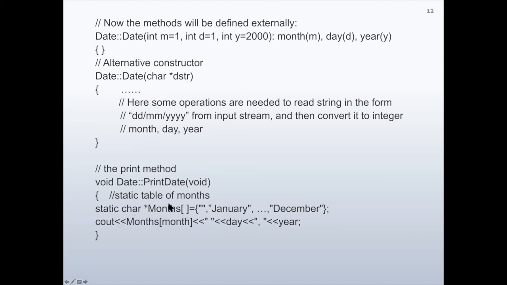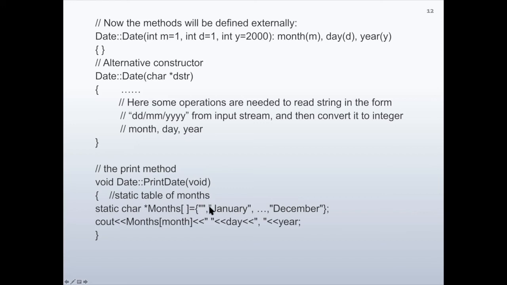The name of the array is months. Months has 13 elements starting from 0 up to 12, and the first one has a null string. The value is a null string and it corresponds to entry months 0.